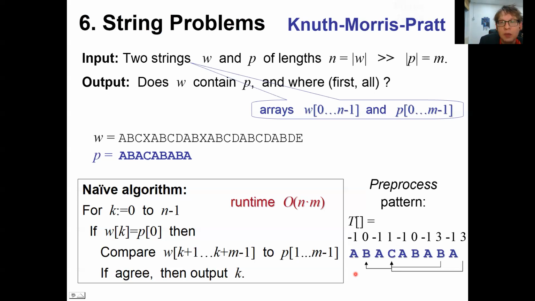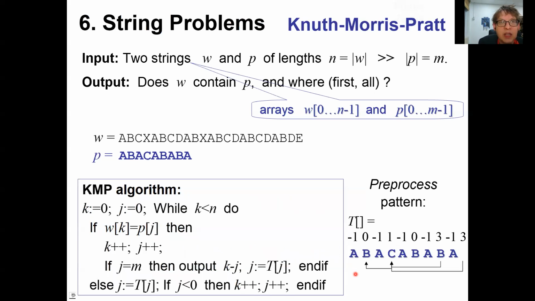With that example explained, we can now see the Knuth-Morris-Pratt algorithm. Knuth-Morris-Pratt has these two array indices, K and J, and the outer loop, as before, runs over all positions in the search string, the long string, but now we will never decrease the array index in the search string.